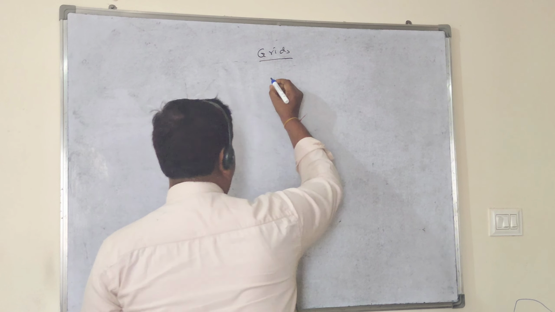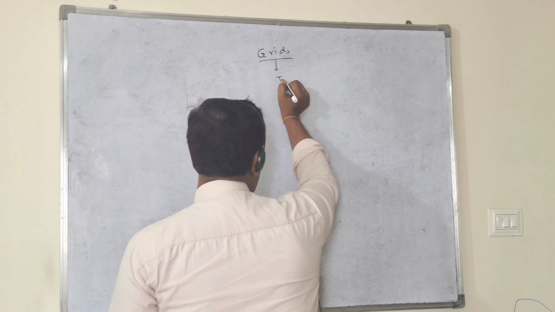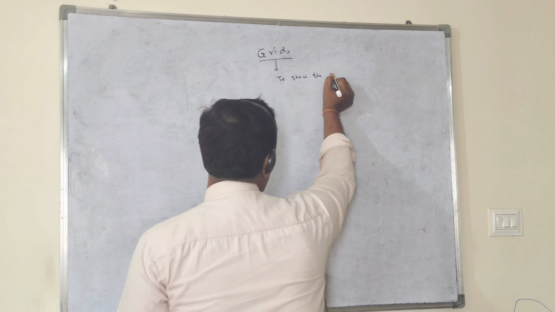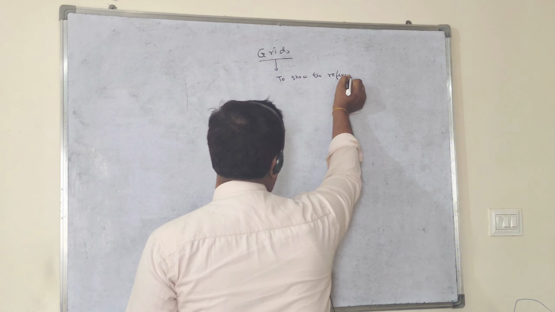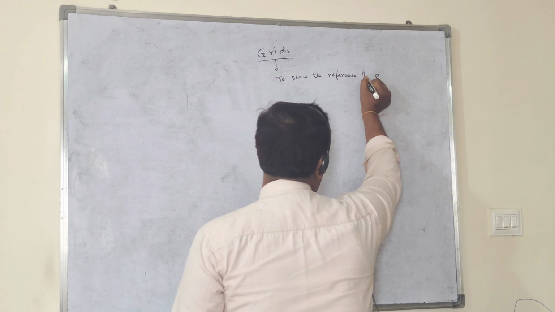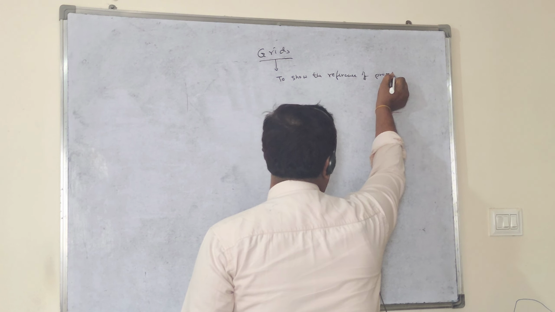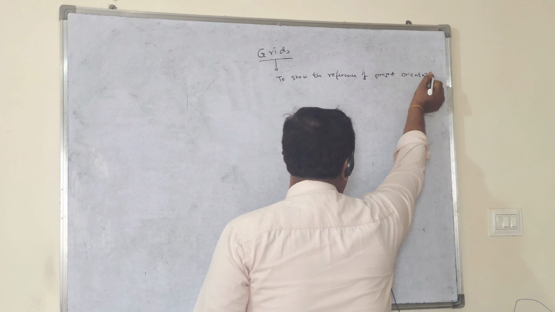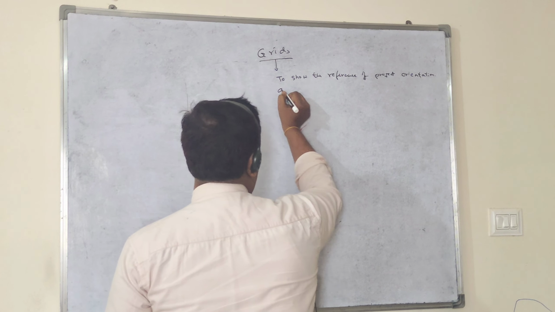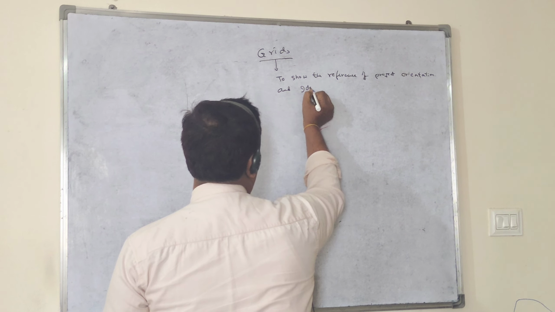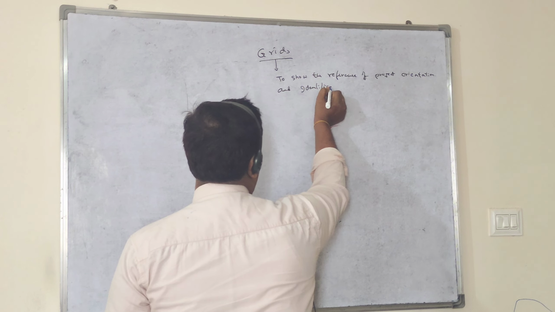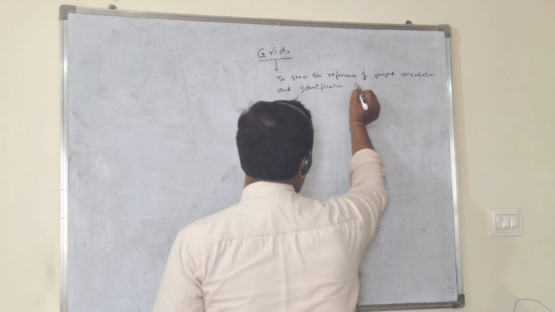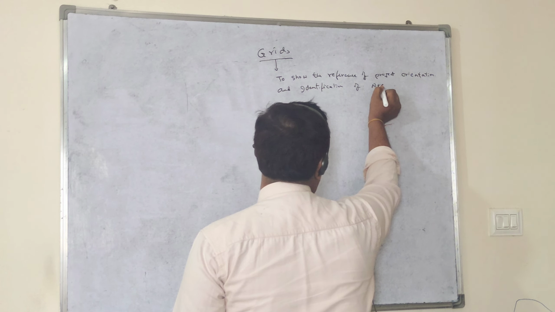So why is it a grid? Why is it a requirement? The grid is going to show you the reference of project orientation and identification of area.